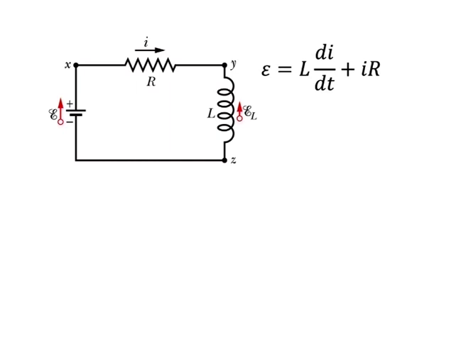Recall that this equation follows immediately from the loop rule, and the loop rule in turn is an expression of the principle of conservation of energy for single loop circuits. If we multiply each side of the equation by i, we obtain epsilon i is equal to L i di/dt plus i squared R, which has the following physical interpretation in terms of the work done by the battery and the resulting energy transfers.